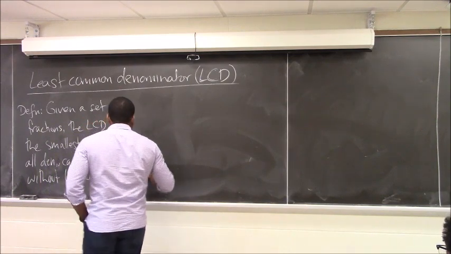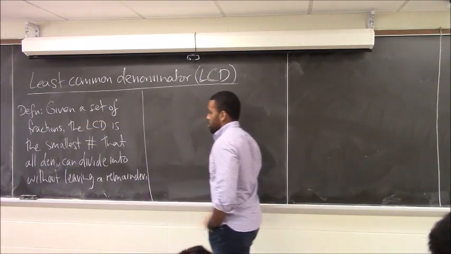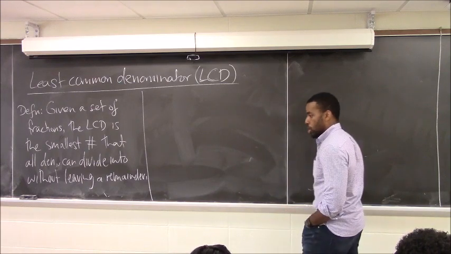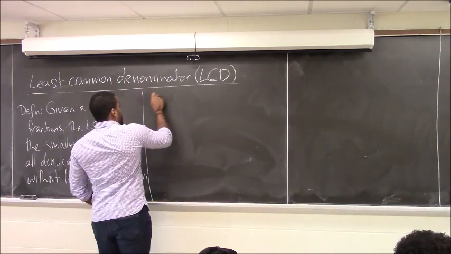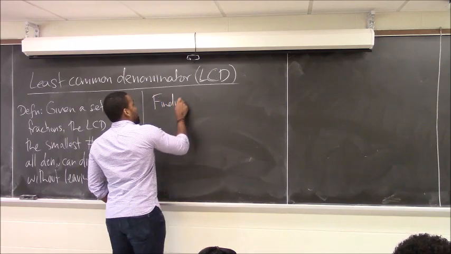So it divides into it evenly, so the result of doing this division will leave you with a whole number. That's what it is, finding the LCD.